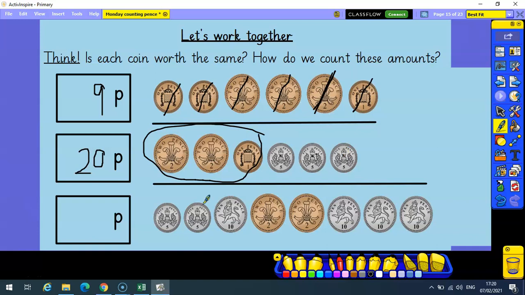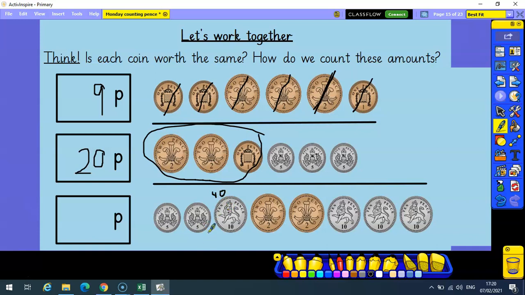Looking at this bottom row, which coin has the biggest value in this bottom row here? It's the 10p, isn't it? So this is easy. This is like counting in 10s and 1s, and we're used to doing that. 10, 20, 30, 40. What do you notice about the next thing?